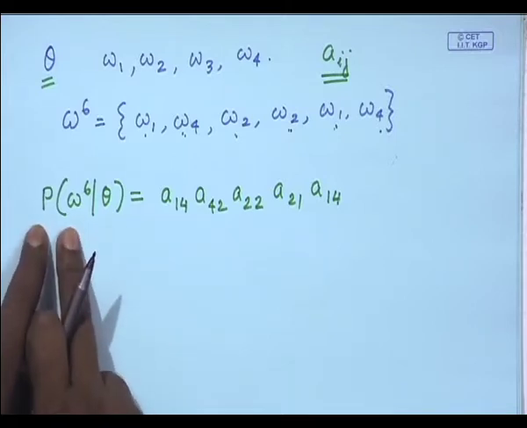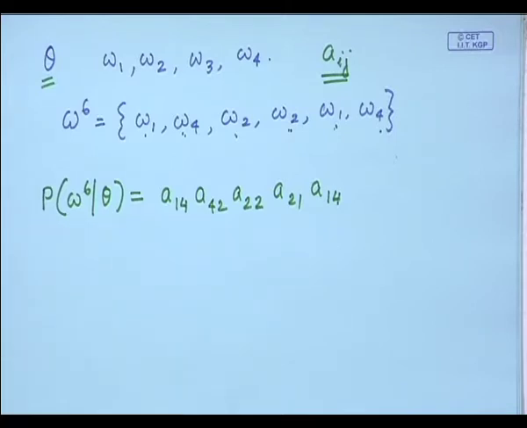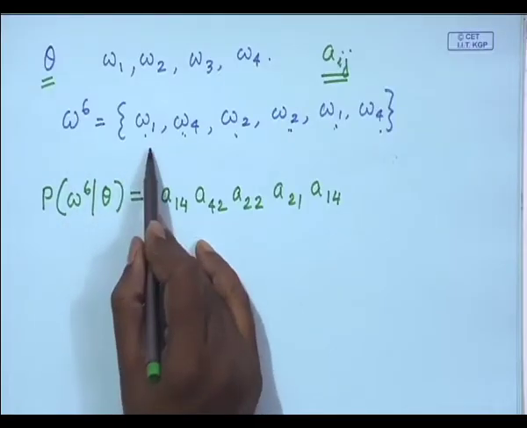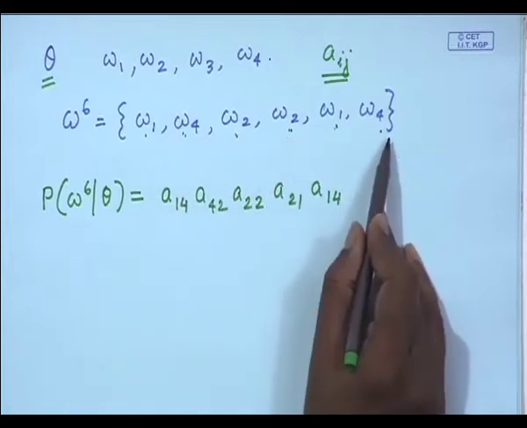So, the probability that this model theta has made a transition through a sequence of states is nothing but the product of the probability of transitions between successive states. So, the machine theta will have these transitions.